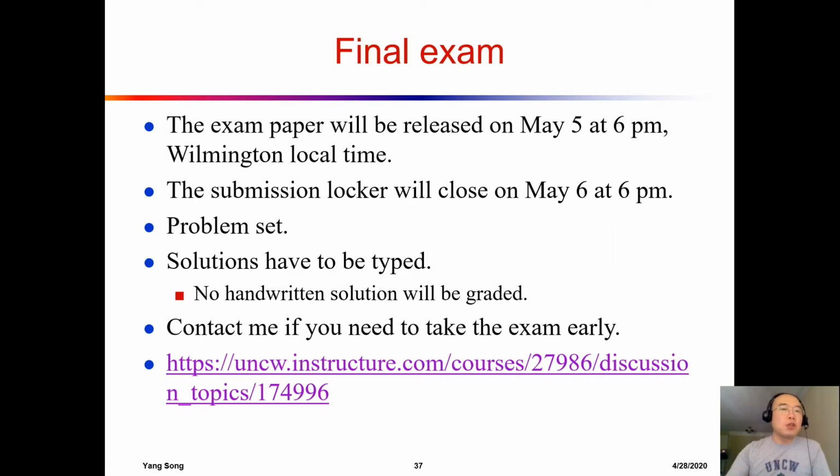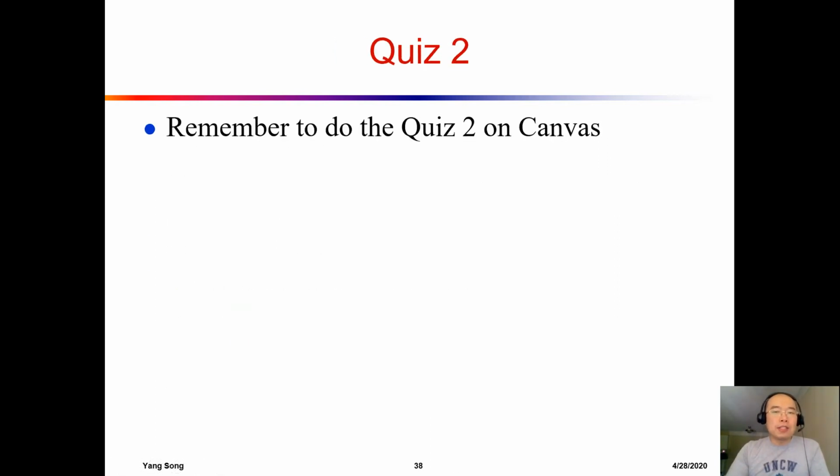And for the visualizations, you also have to find a tool that you are comfortable with to draw them. And if there's any hard scenario where you want to take this exam early, let me know and I can give you the exam early. Okay, and then click on this hyperlink and read the full rules of the final exam.